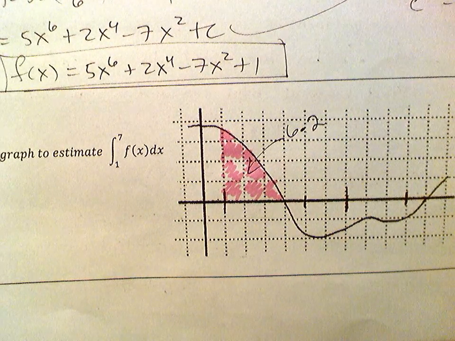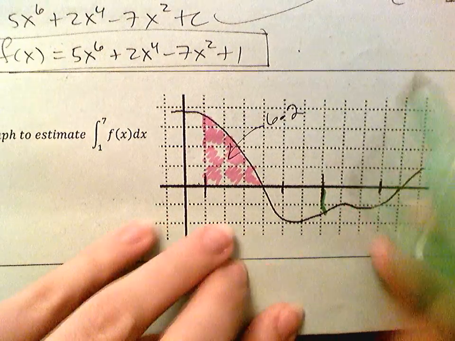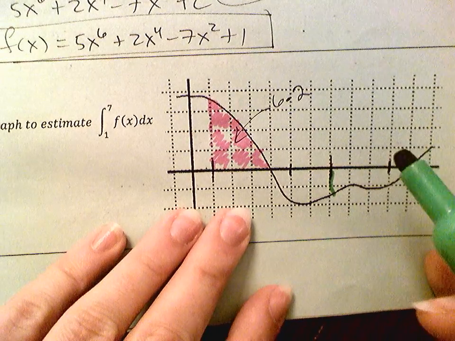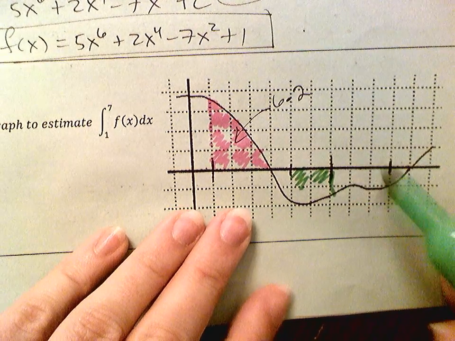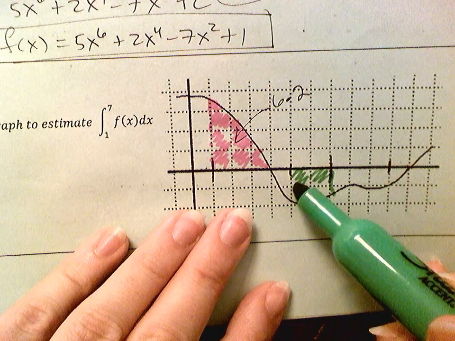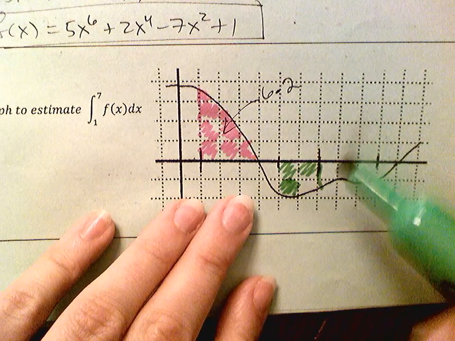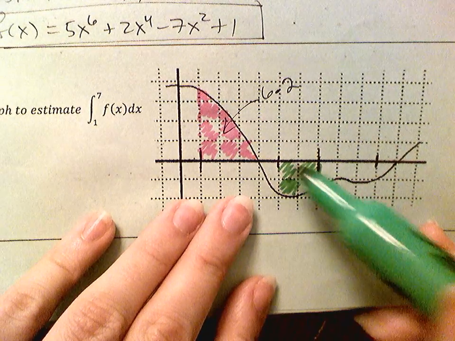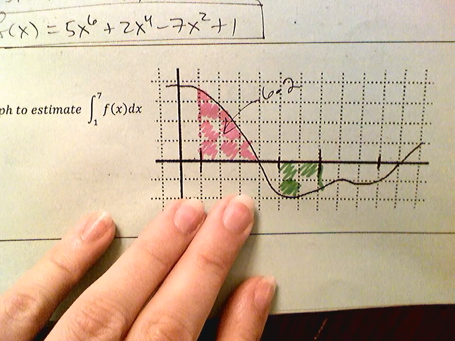And then the function goes below the graph here, so I'm going to have some negative area there. So I'll say 1, 2, I'll call that a full 1, so 3. And then these two together are making more than a full 1.